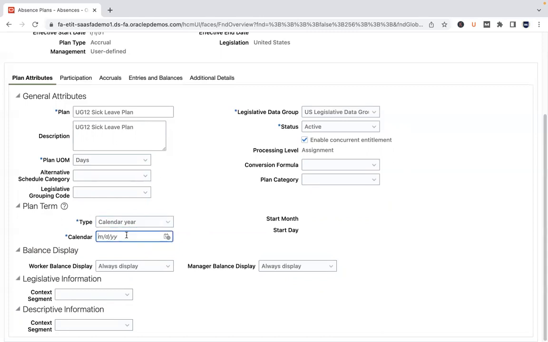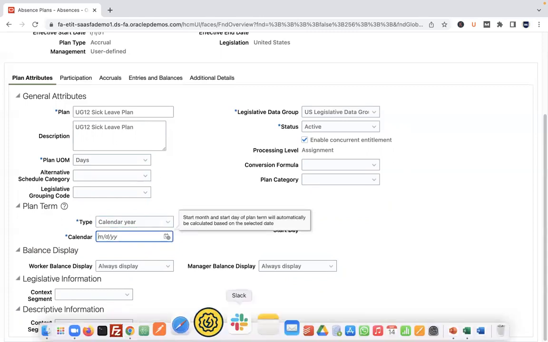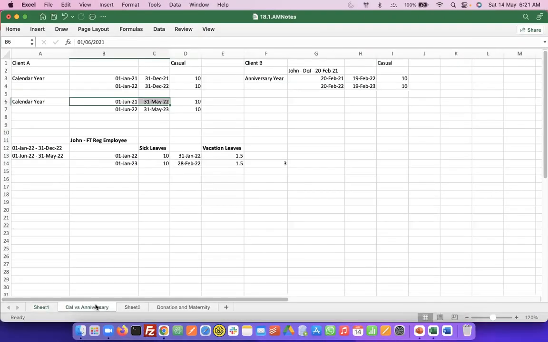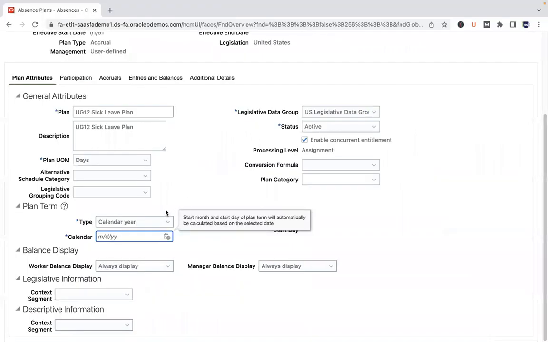So if you say calendar year, let's say the client follows a Jan to December calendar year. In which case, you say calendar year and you select 1/1/22 or 1/1/21, whatever is applicable.